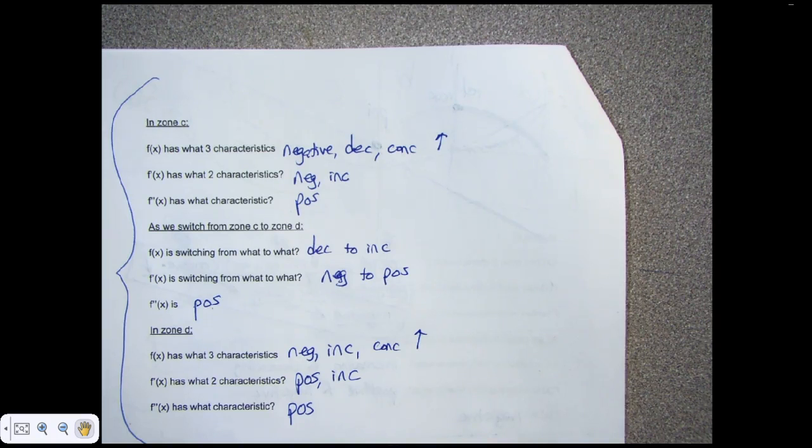F or F prime? Okay, so let's see. Is the original F the original graph? What do we know about the original?